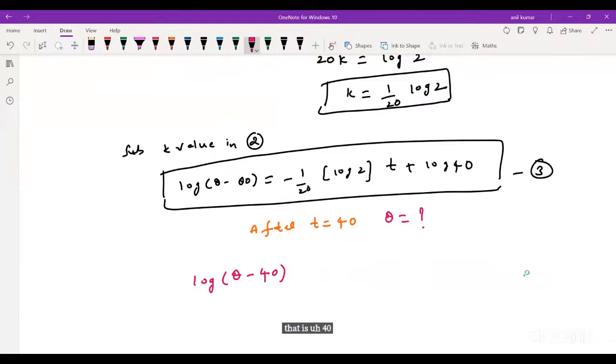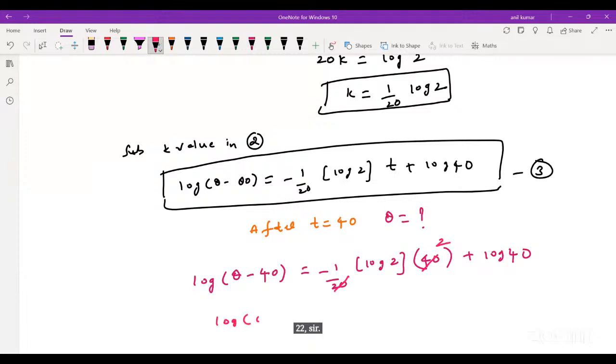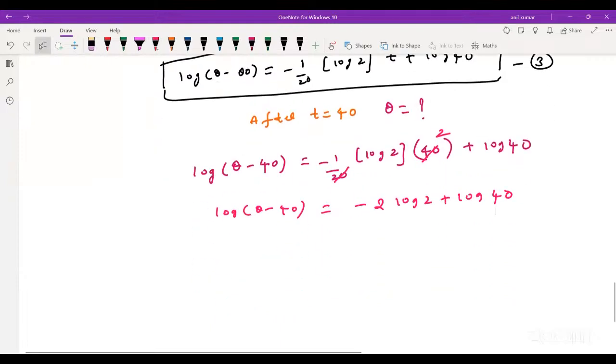So log theta minus 40 equals minus 1 by 20 into log 2 into time replaced by 40, plus log 40. Here we can cancel the 20, so log theta minus 40 equals minus 2 log 2 plus log 40.